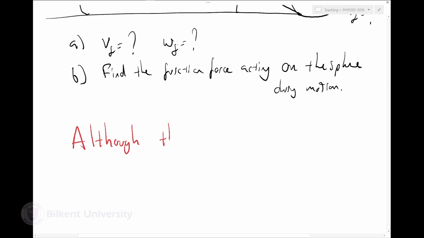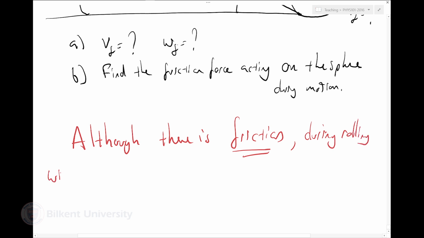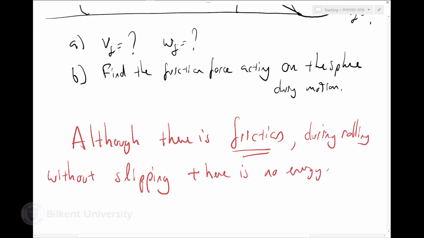Although there is friction during rolling without slipping, there is no energy loss.